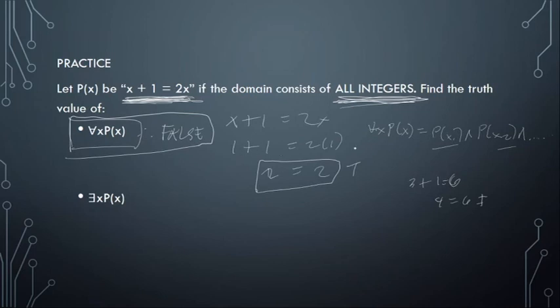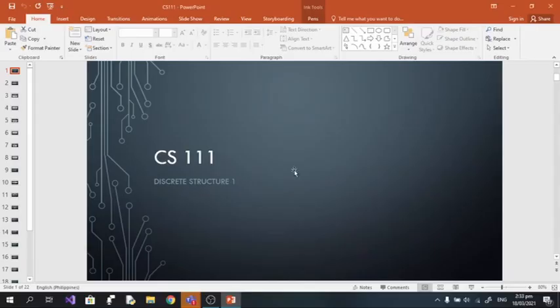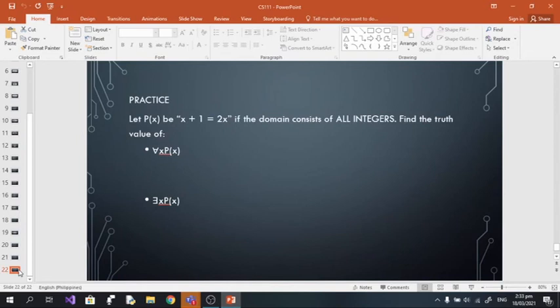So 1 plus 1 equals 2, then 2 times 1 equals 2. Since it is true, there exists x, p of x is true. Again, the existential quantifier means that the proposition returns true when some values are true.